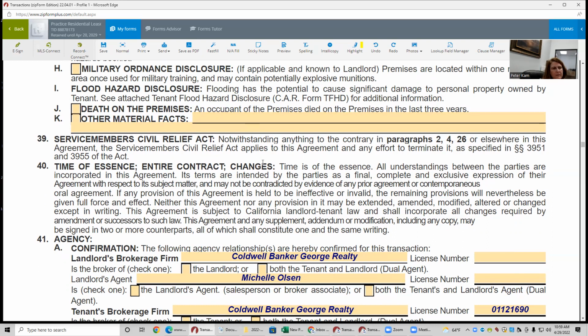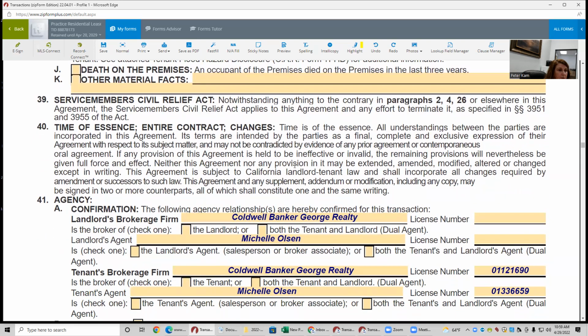I do have this Service Members Civil Relief Act in my documents here. If anybody wants a copy of that, if they're leasing in areas where there's a lot of service members, give me an email and I'll send that over to you.